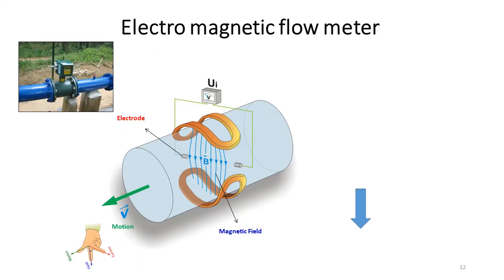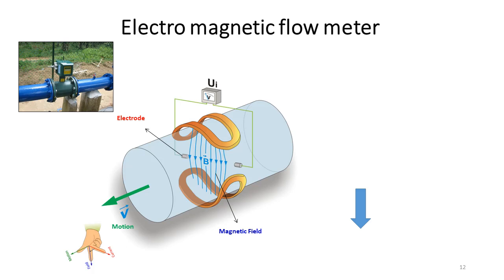So how do we find flow? Flow can be found in two ways. One of them is the electromagnetic flow meter, which is based on Fleming's right-hand rule.